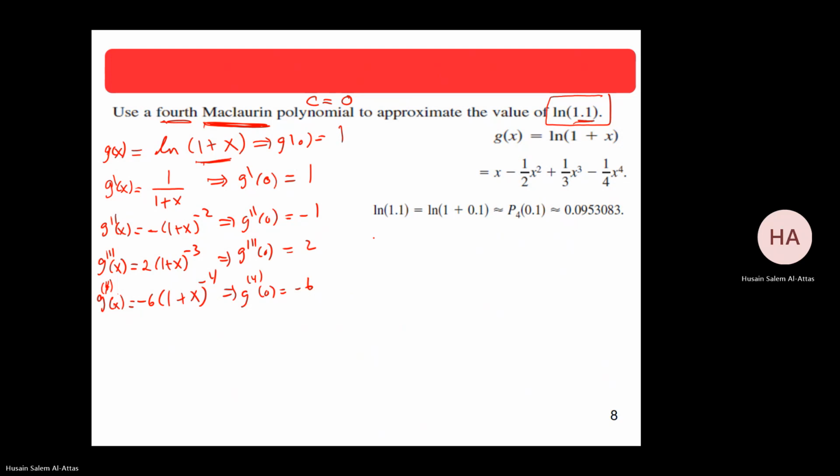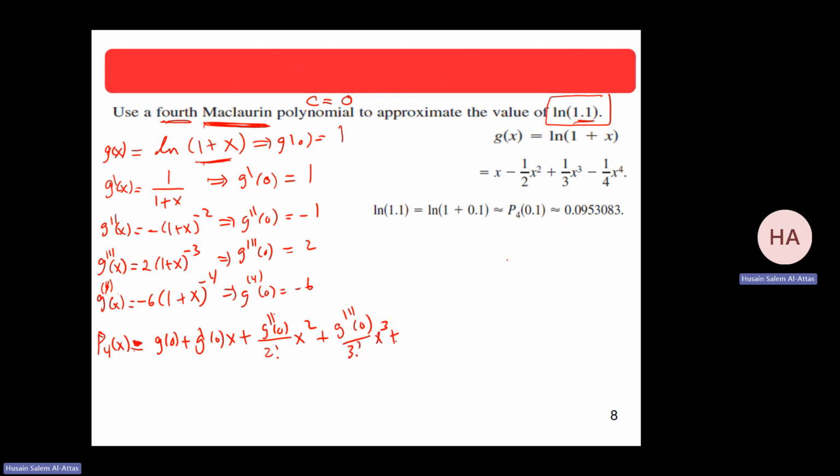So P4 of x, that will be what? g at 0 plus g prime at 0 times x plus g double prime at 0 over 2 factorial x squared, let me give it more space, plus third at 0 over 3 factorial x cubed plus fourth at 0 over 4 factorial x to the power 4.